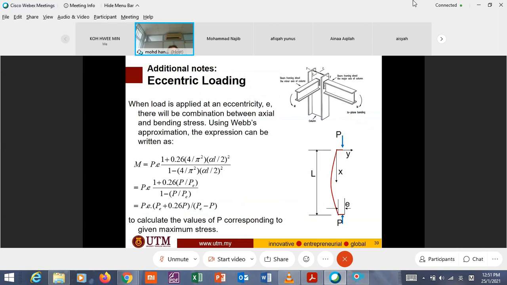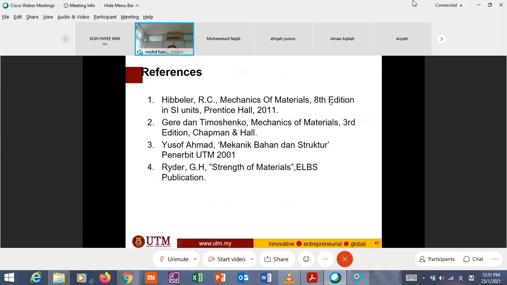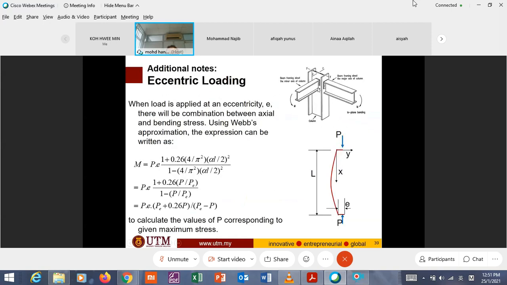This is just an additional note, not covered in this syllabus, for eccentric loading. This is what happens in construction, or in design. If you have an I section, this beam comes into contact with the column not at the center line but eccentric to the center of the section.